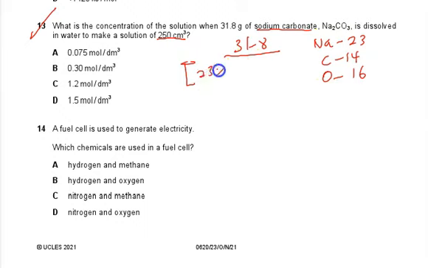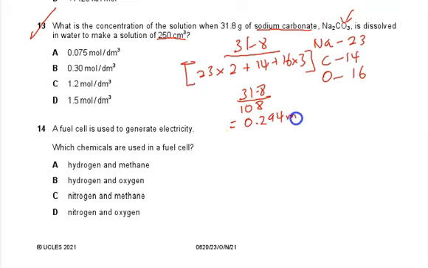So 23 times 2 plus 14 plus 16 times 3. So here we have 3 oxygen. If we add all this, we will be getting about 110. So which gives you 0.294444. So this is the mole.